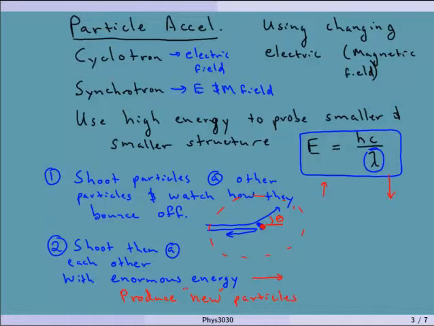So what ends up happening is, let's draw a little box over here. In the first case, maybe I'll shoot one particle this way and one particle this way. And when they hit each other, whatever comes off, you get all kinds of stuff in all different directions, all different kinds of particles.